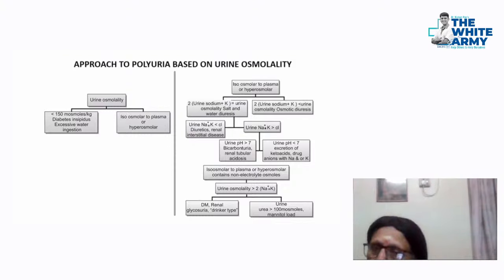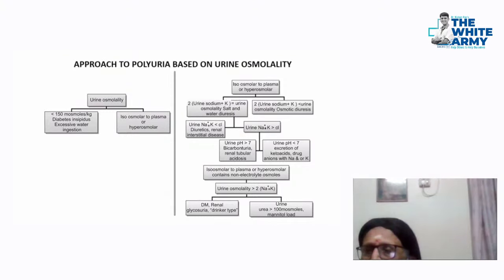To repeat, urine osmolality is mainly contributed by sodium and potassium, which is 2 into urine sodium plus potassium. You are also measuring urine osmolality using an osmometer. If the 2 into urine sodium plus potassium is less than the measured urine osmolality, that means the culprit is not sodium or potassium. There is some other solute that is excreted in urine.